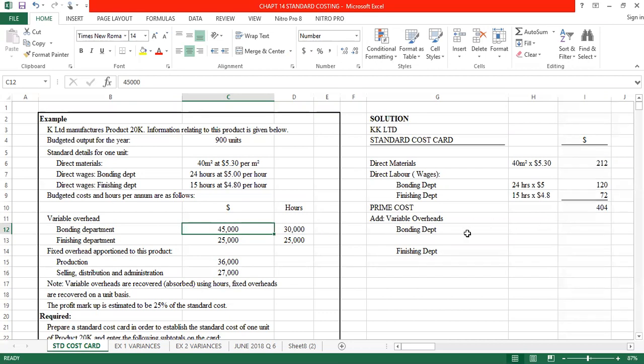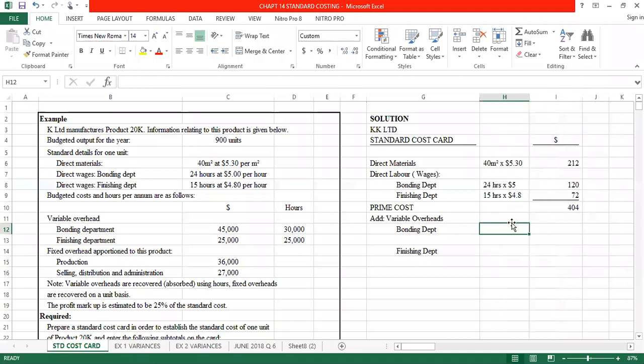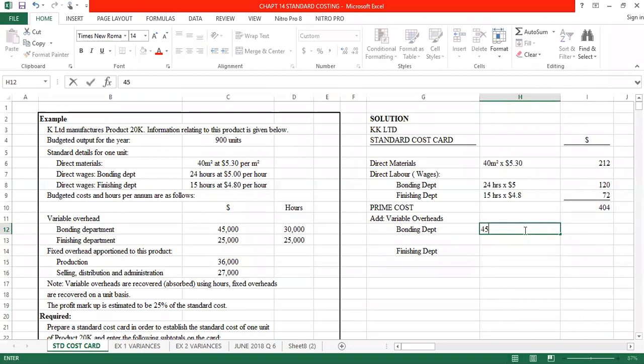So what you do in this case, you take 45,000 and divide it by 30,000.